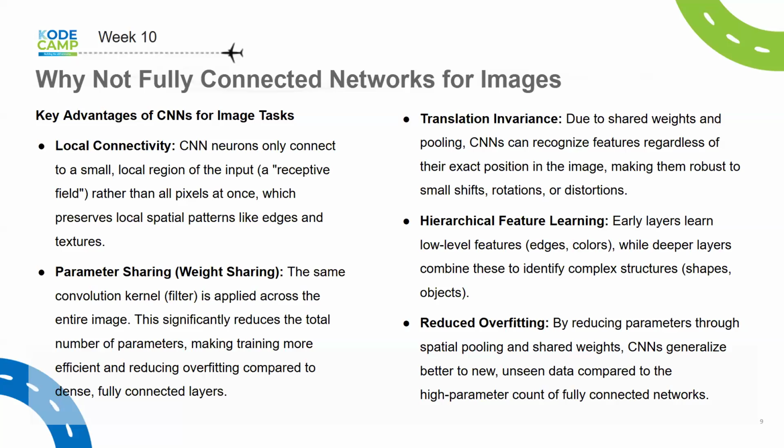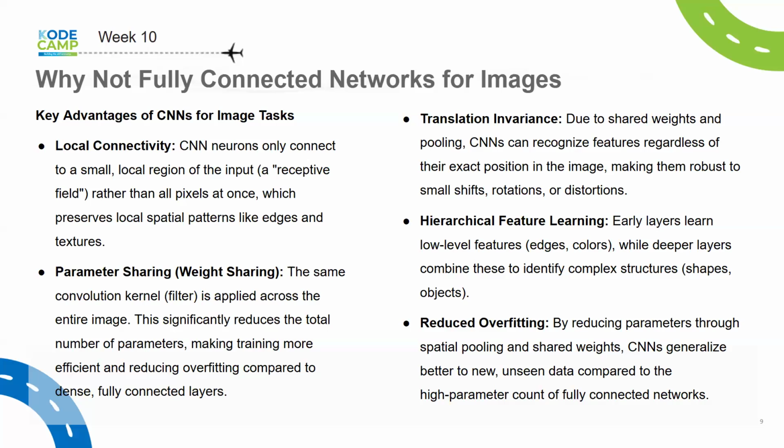Then the second benefit of the CNN is weight sharing, because you're effectively using the same two-dimensional patch. That patch is made up of parameters. You're using that same set of parameters and moving across.